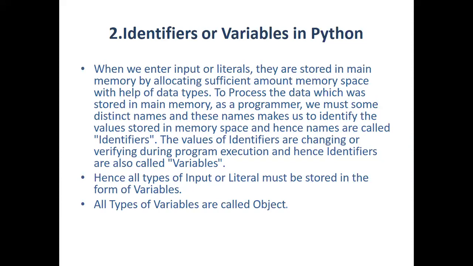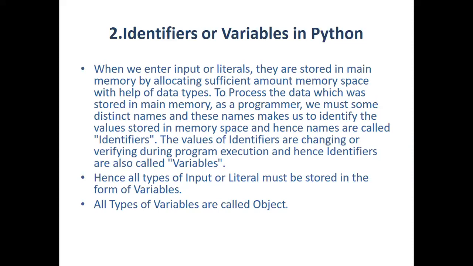To process the data stored in the main memory, as a programmer, we must follow some distinct names, and these names make us identify the value stored in the memory space, and hence these names are called identifiers.